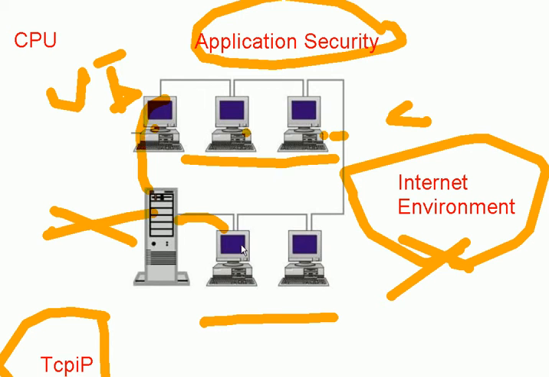So the problem with this sort of architecture is, if you have a change in your application, you will have to do the change in every client PC. Additionally, there is a problem of scalability. Scalability is, if the number of computers increases, the load on the database server increases, and it doesn't run well in an internet environment.